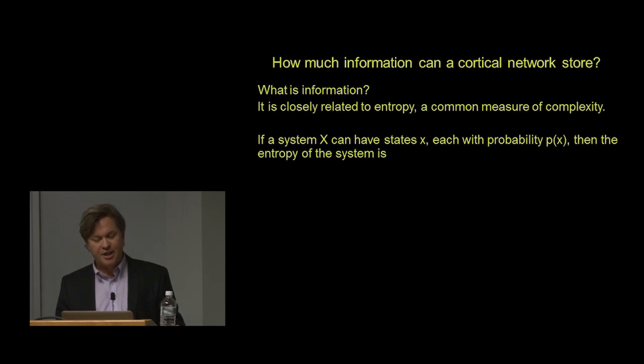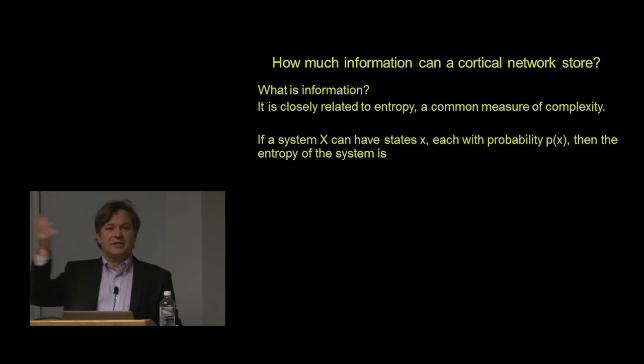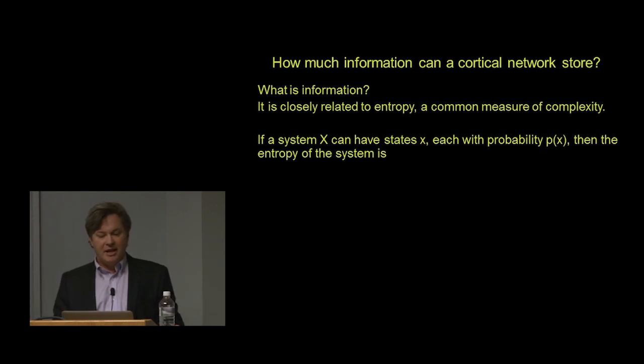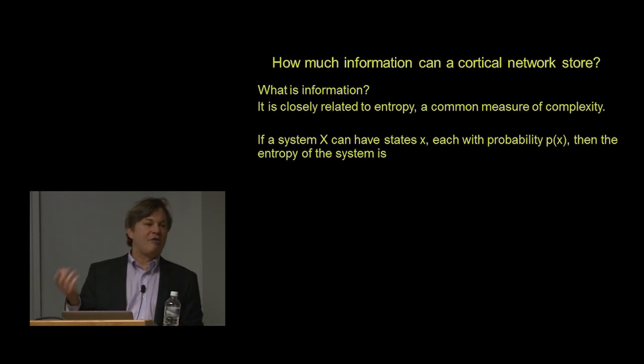At, I guess, MIT and then Bell Labs. If a system X, so this is just an abstract system X, can have states little x. So X can be a brain, X can be a computer memory, and the states x, or the configuration of a hard disk, say, each have probability P(x).